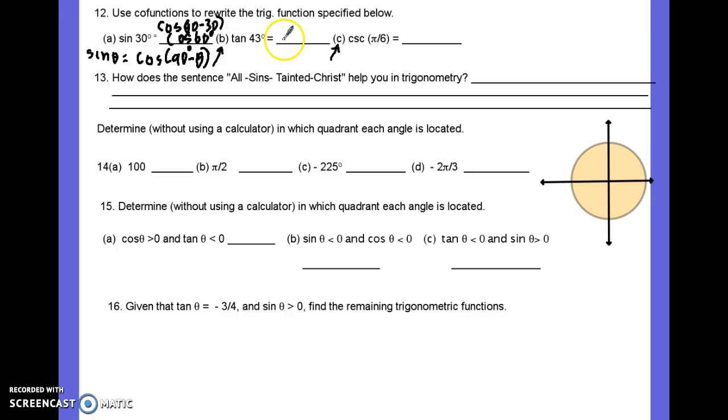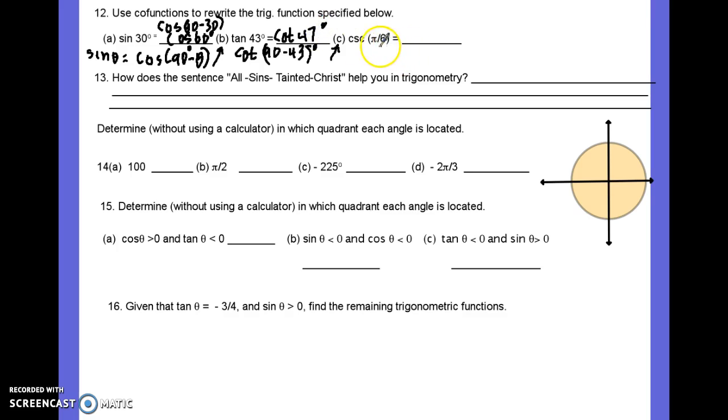Tan goes with cotangent, and cosecant goes with secant. Okay? So this one would be cotangent of 90 take away 43, that's in degrees. This would be the cotangent of 47 degrees.